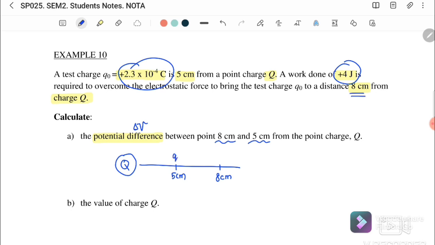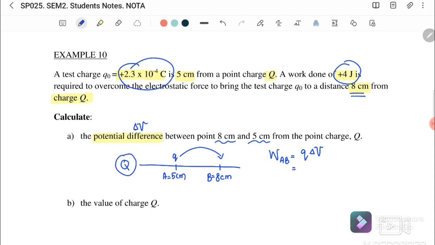So initially the test charge is at 5 cm. After that, it will be brought to 8 cm. So this is the work done. We need to calculate the potential difference between 8 cm and 5 cm from the point charge. We know that work done, let's say I label this one as A and this as point B, is bringing the test charge from point A to point B. It is equal to test charge times change of the potential difference.